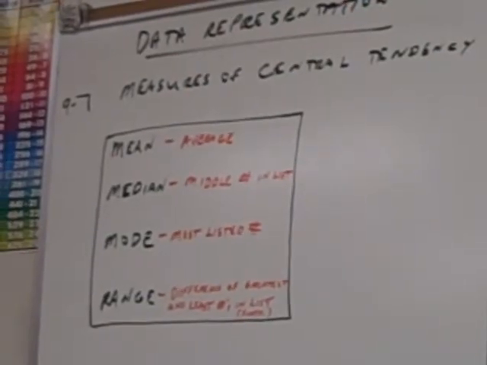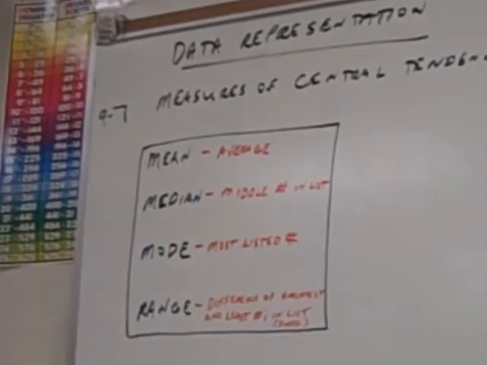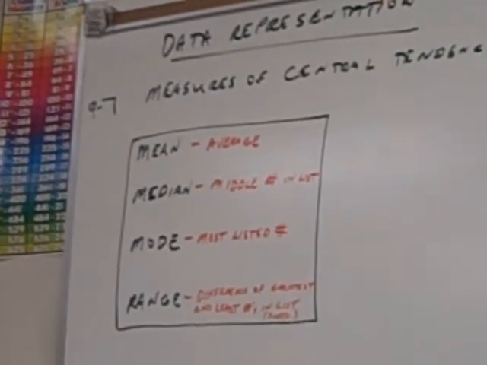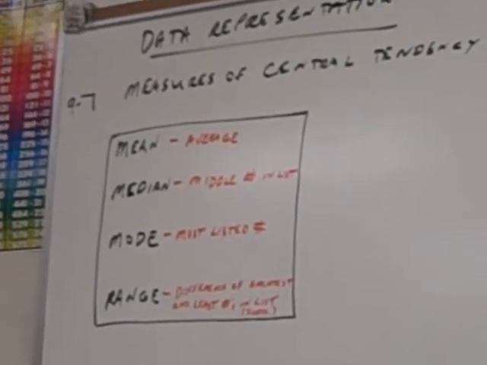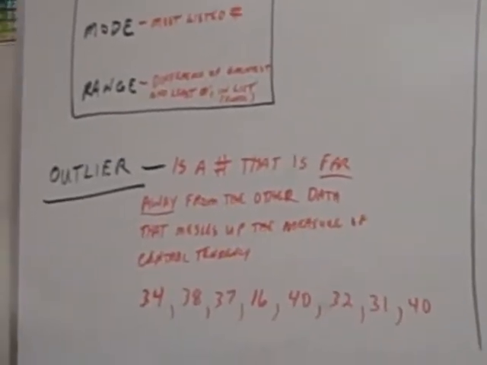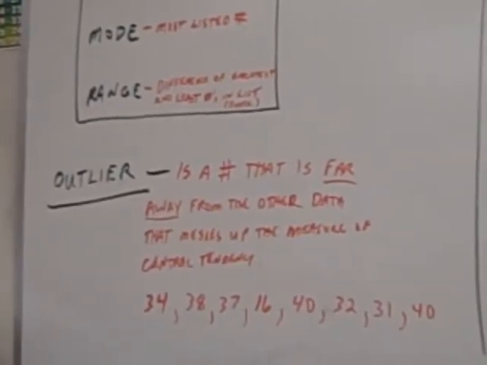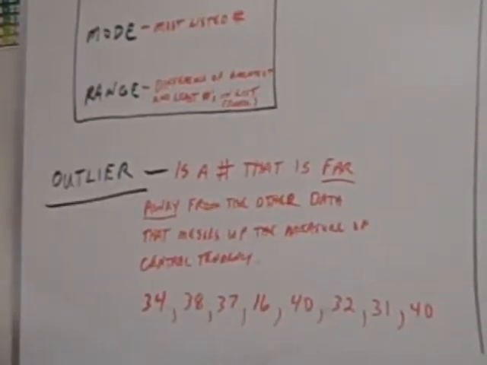There's one little definition we have to look at, because it messes up our data sometimes. Every once in a while you'll have a set of data where most of the numbers are pretty close to each other, and then all of a sudden there's a number that is 500 miles away.